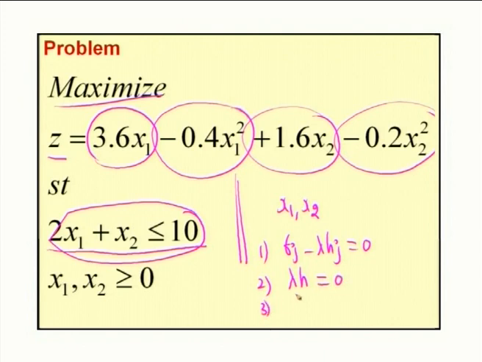The third condition is h of x less than or equal to 0, and the final condition is lambda greater than or equal to 0. Now, by making use of these Kuhn-Tucker conditions, we will try to maximize the objective function.